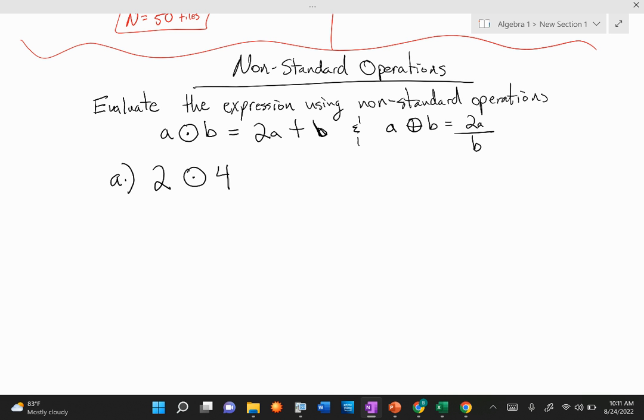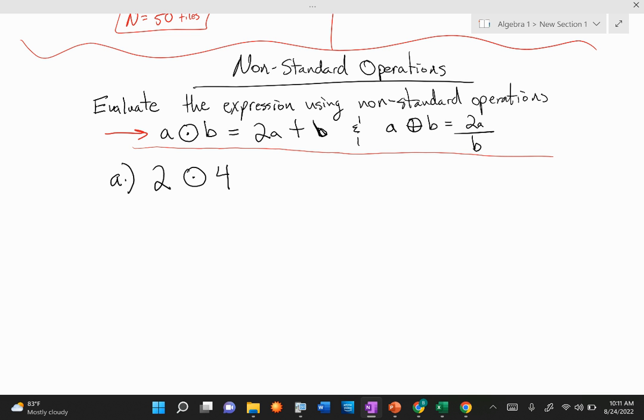That symbol determines what expression you use for those values. So I gave you two non-standard operations, and the way that we read these is A of B, or A whatever.